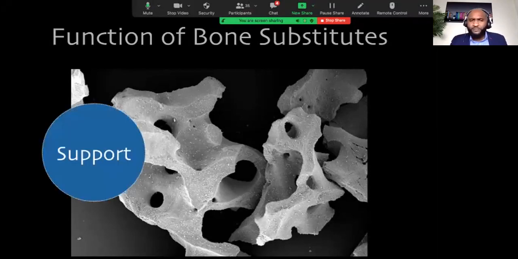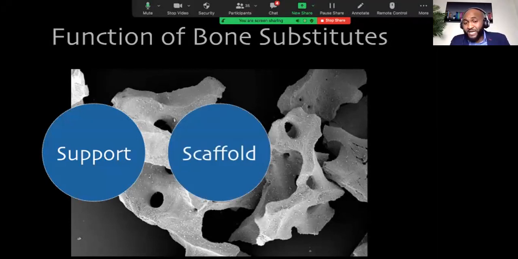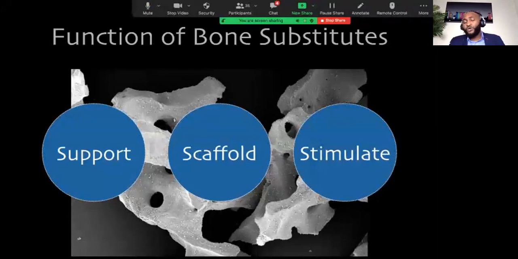So mainly, the functions of bone are: 1, to support the overlying membrane, to act as a scaffold for ingrowth of new bone cells and blood vessels, and also to stimulate the body to generate new bone. We shall see that in some slides.